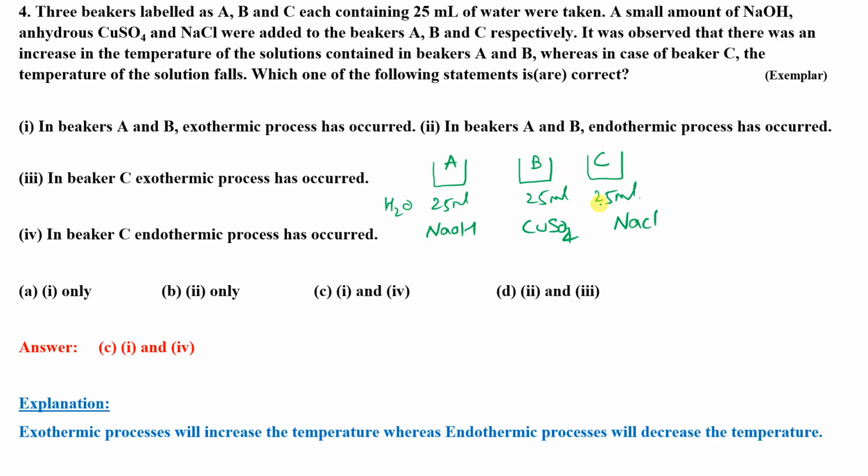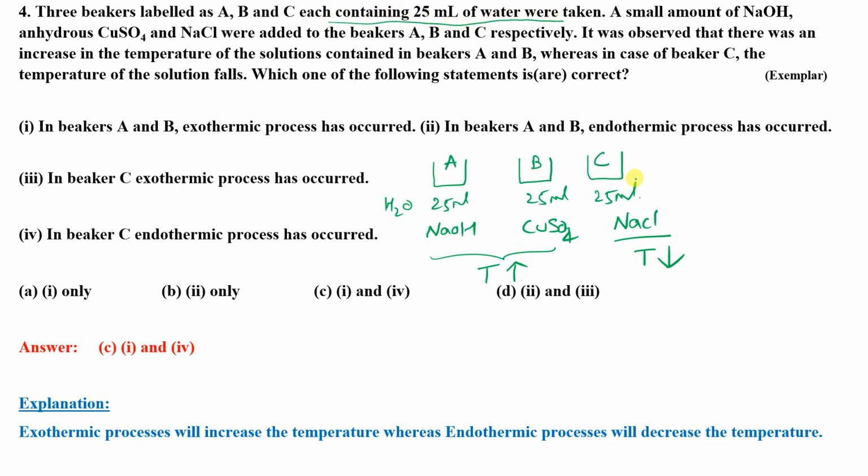It was observed that there was an increase in temperature in the solutions contained in beakers A and B. In these two cases, temperature increased. In the case of beaker C, temperature fell. Now he is asking which one is exo and which one is endo. So I am repeating the question. Three beakers labeled A, B, C each contain 25 ml of water.